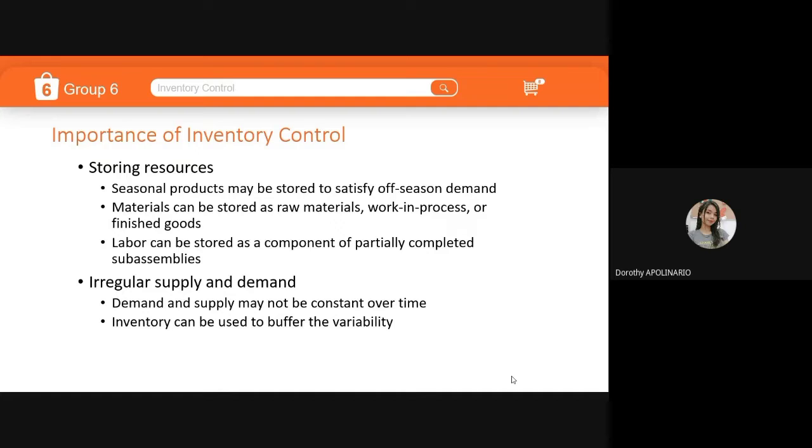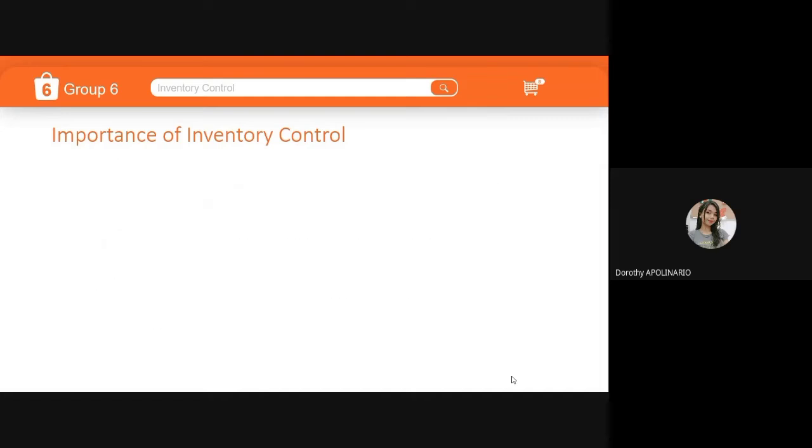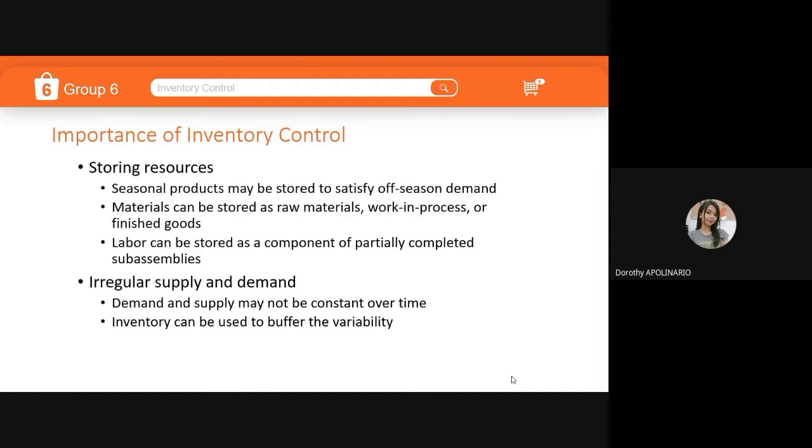The third importance is that it is used for irregular supply and demand. Demand and supply may not be constant over time, and inventory can be used to buffer the variability. For example, if the greatest demand of diet beverage is during the summer, the Diet Delight Company will have to make sure that there is enough to supply this demand.